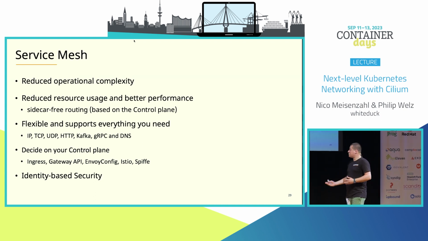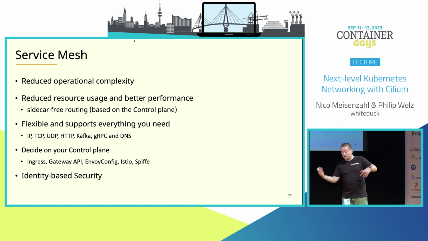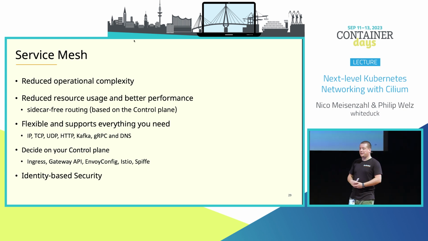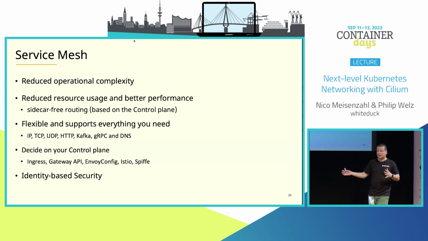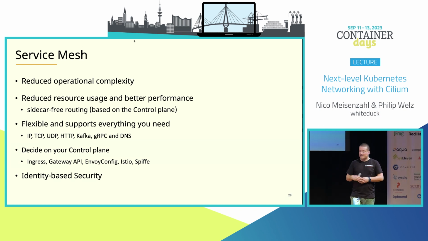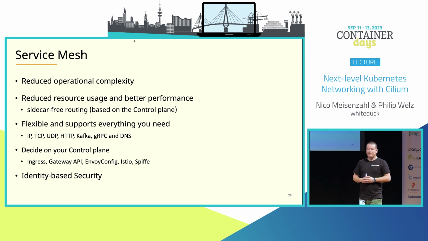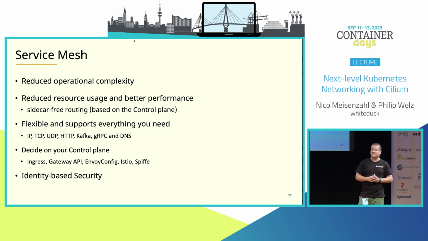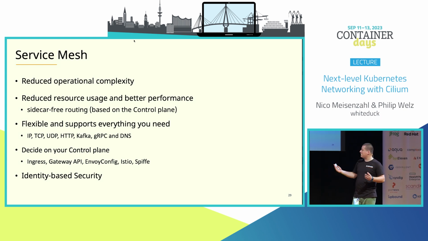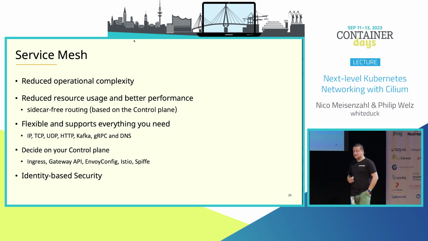And you're pretty flexible. So everything between IP, TCP routing, UDP, HTTP, for example, Kafka, gRPC, think about routing gRPC traffic, and so on. It's everything supported. And the underlying part is, once again, as Phil already mentioned, the identity-based security from Cilium here.